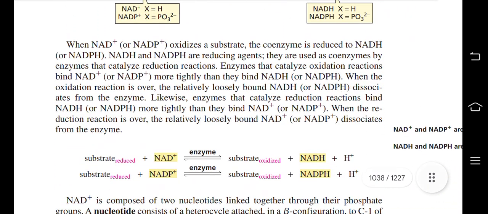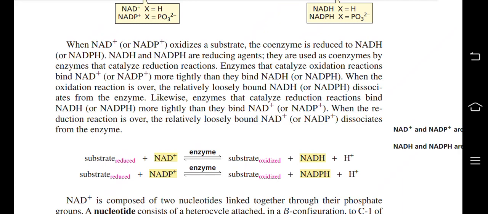When NAD+ oxidizes a substrate, the coenzyme is reduced to NADH. NADH and NADPH are reducing agents. They are used as coenzymes by enzymes that catalyze reduction reactions. Enzymes that catalyze oxidation reactions bind NAD+ more tightly than they bind NADH.